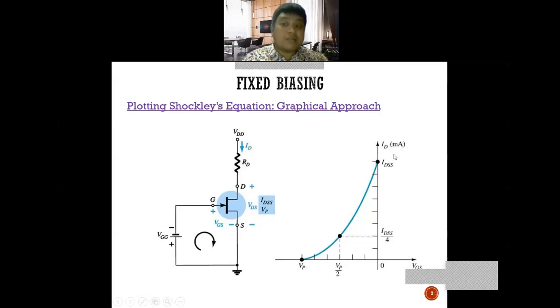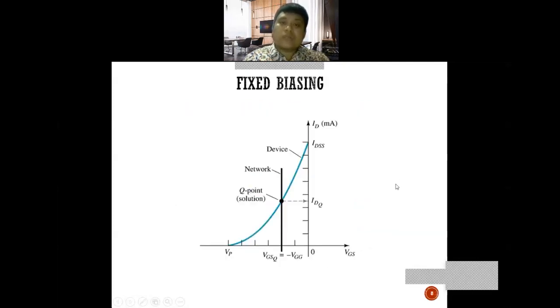IDSS is a constant. When VGS equals VP over 2, ID equals IDSS over 4. The Shockley equation is used to draw the curve, especially in the lab. You get some data and plot using the Shockley equation to get the graph. So how do we draw the line?